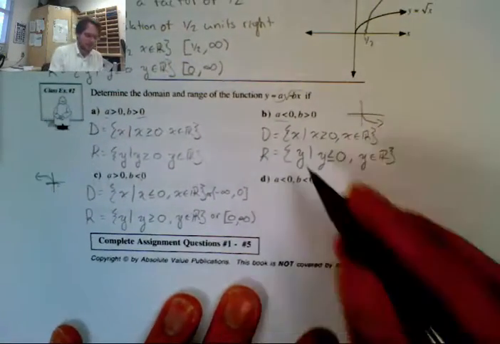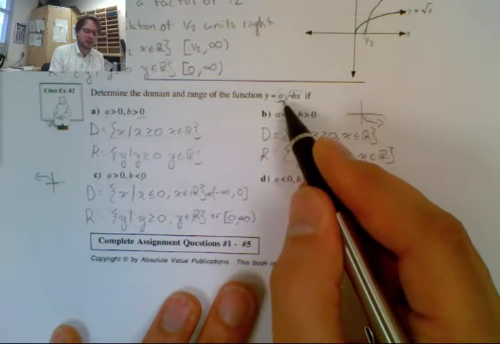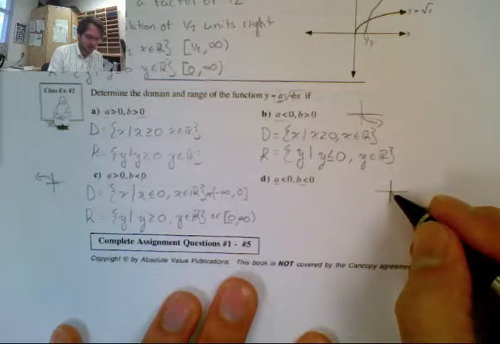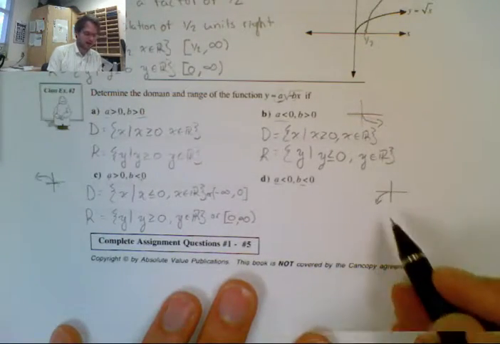Last one. Now this one says we have a and b are both negative. So that means we have reflection in the y and x axis. So my graph is going to look something like this here. Okay? Because we reflect in the y and x axis.